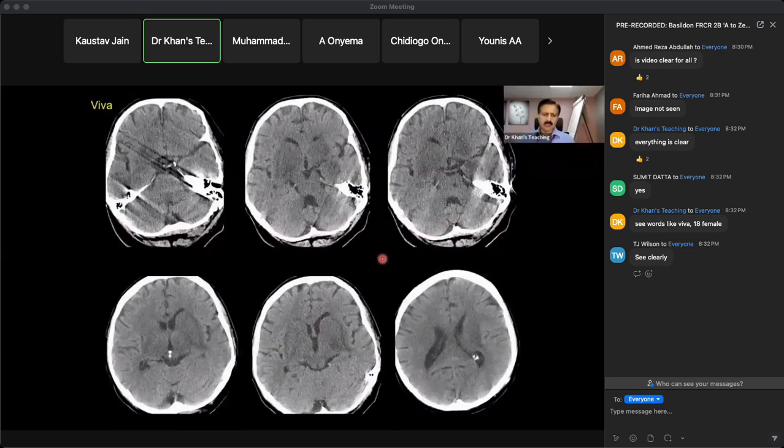So just give me the findings, please, candidate 1. Okay, so it's unenhanced CT head, and there is low attenuation change in the deep grey matter involving the thalami and basal ganglia.